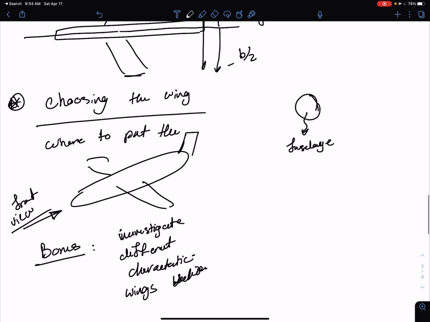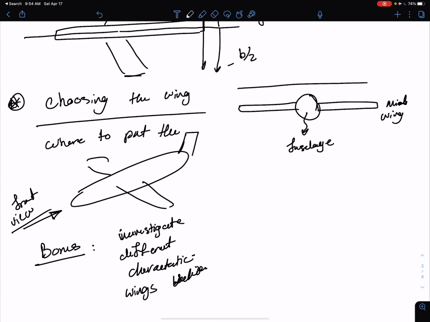You want to have mid-wing. Wings are going to be located in the middle of the fuselage. You want to have high wings. Wings are going to be connected to the fuselage, but are going to be placed on top of the fuselage.